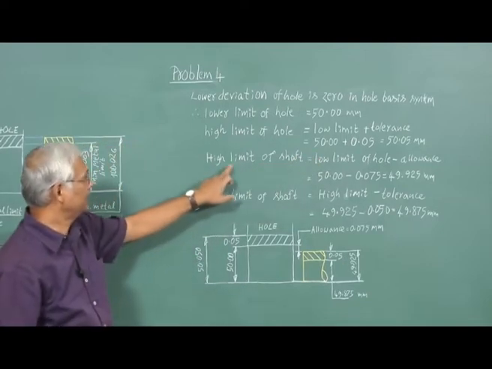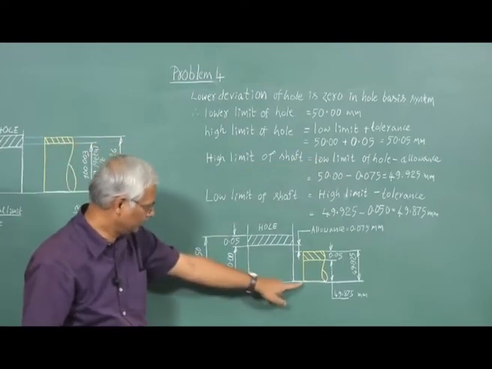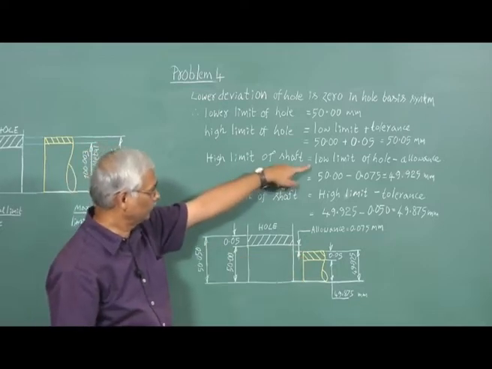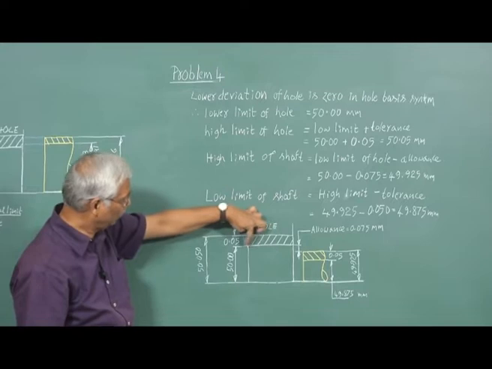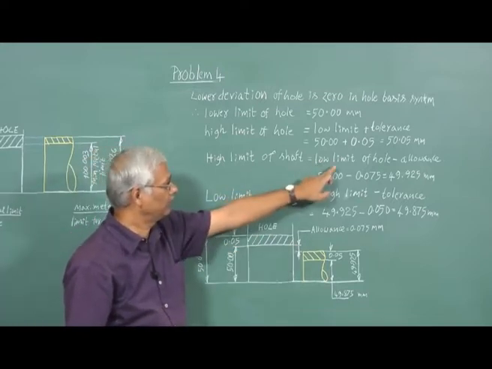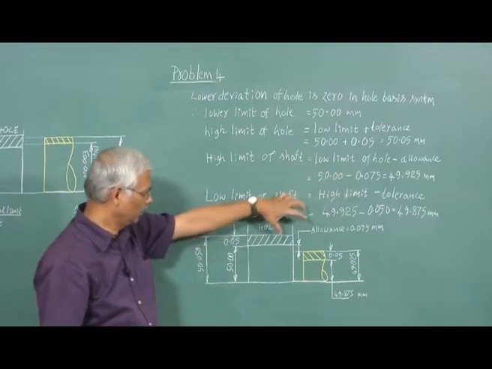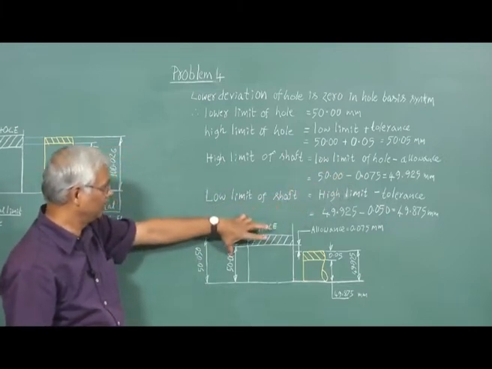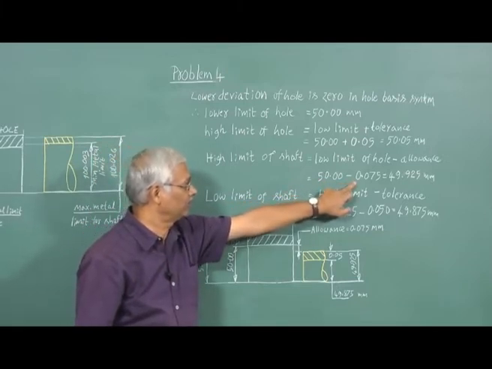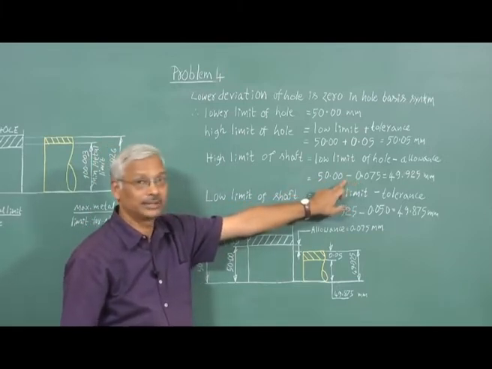Now high limit of shaft is equal to low limit of hole minus allowance. Lower limit of hole is 50 millimeter and allowance is given in the problem, that is 0.075 millimeter.